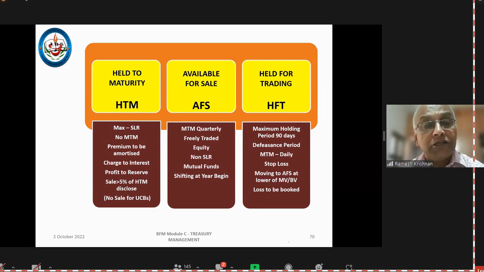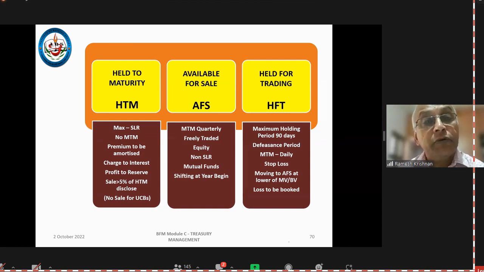of 80 paise. So technically, in your balance sheet, you have to provide: debit P&L depreciation for investment value 80 paise and credit provision for investments. But up to your mandatory SLR, as long as the bank is going to be in the financial intermediation business, you mandatorily have to hold this security as SLR.